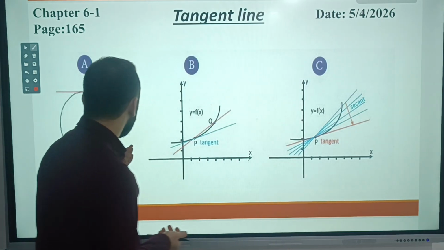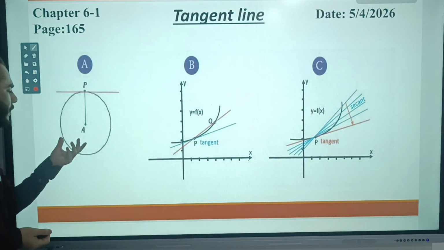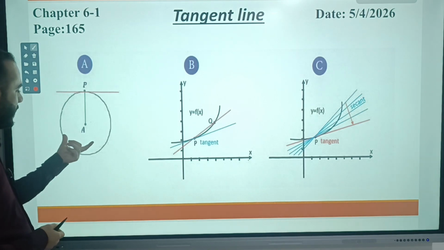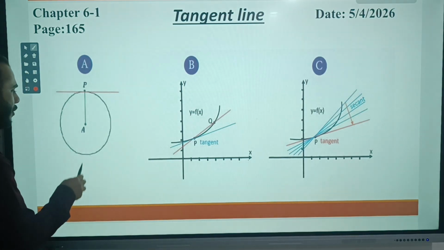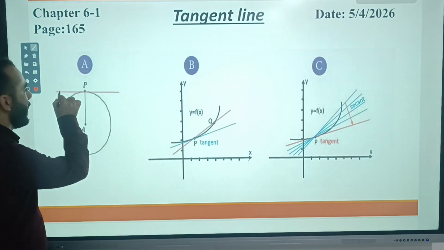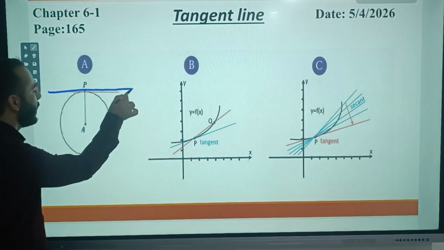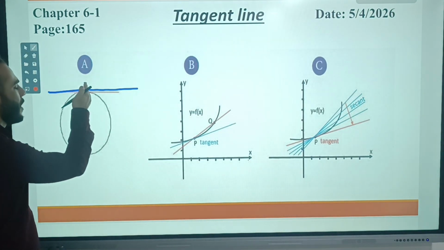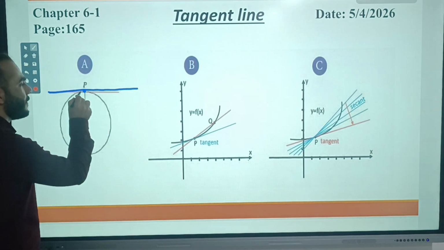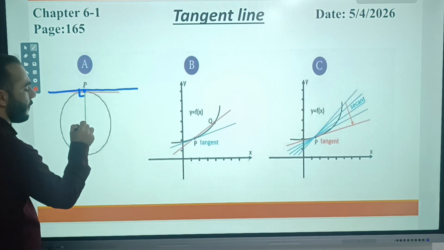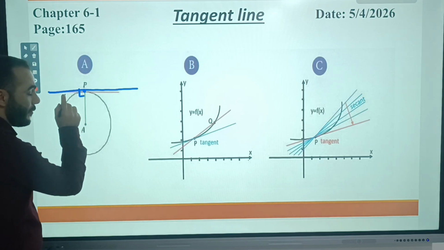Okay? So first of all, in grade 9's book, last chapter, this figure is there. Geometrically, we will say that a line cuts a circle at only one point and is perpendicular to the radius at that point.